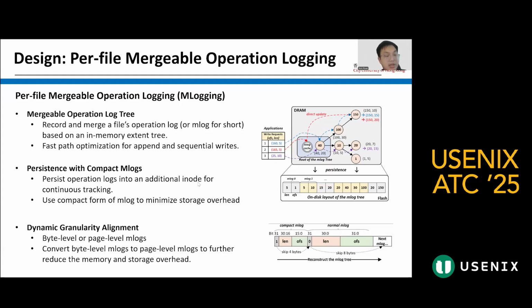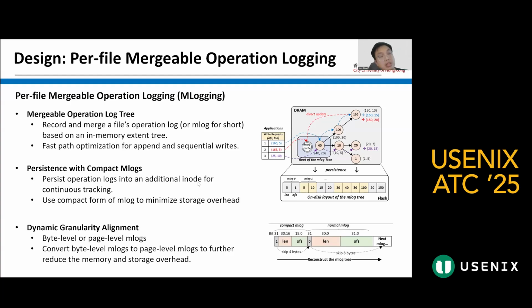And the last one is the dynamic granularity alignment. Because the mlogs indicate the file offset and the length, but they do not indicate their units, their units can be different. We can let an mlog be a byte-level unit or a page-level unit.